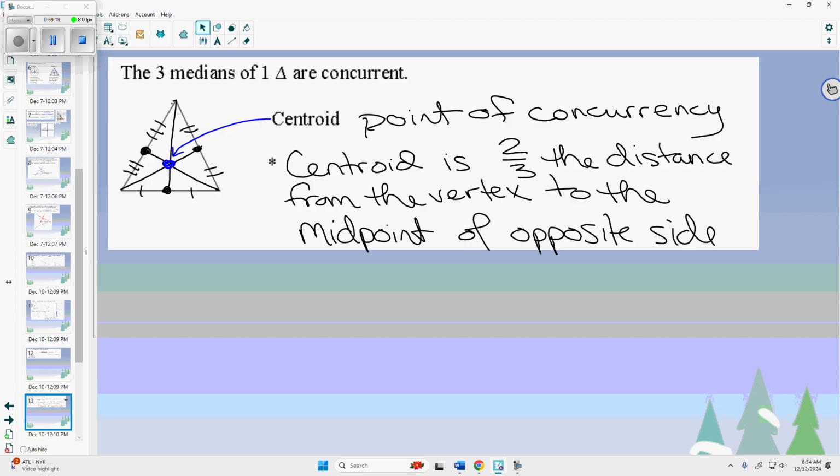The centroid is 2/3 the distance from the vertex to the midpoint of the opposite side.